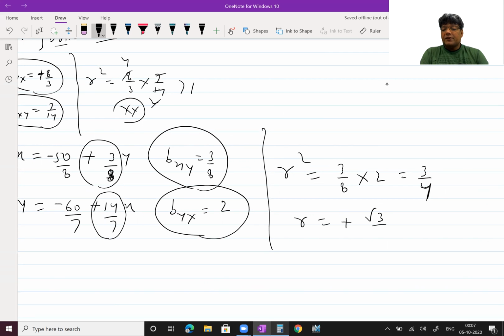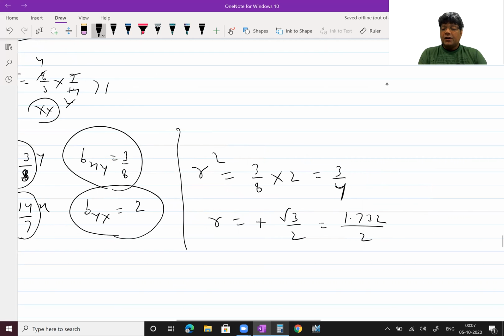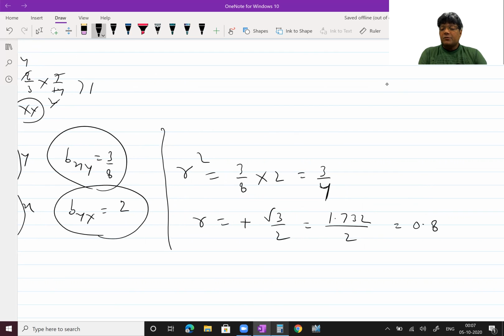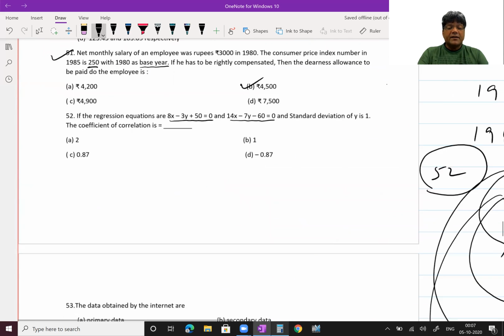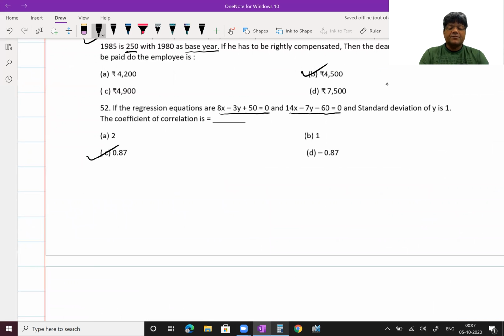Why not minus? Because bxy and byx both are positive, so it will be positive. Root 3 value is 1.732 divided by 2, so that is 0.866. That is 0.87, guys.